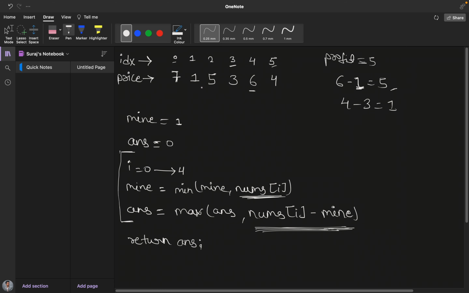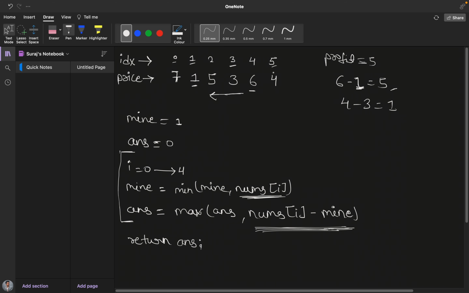Definitely on that day in which the stock has its minimum value before these days, before the fourth day, where the stock has its minimum value on first day with a stock price of 1.